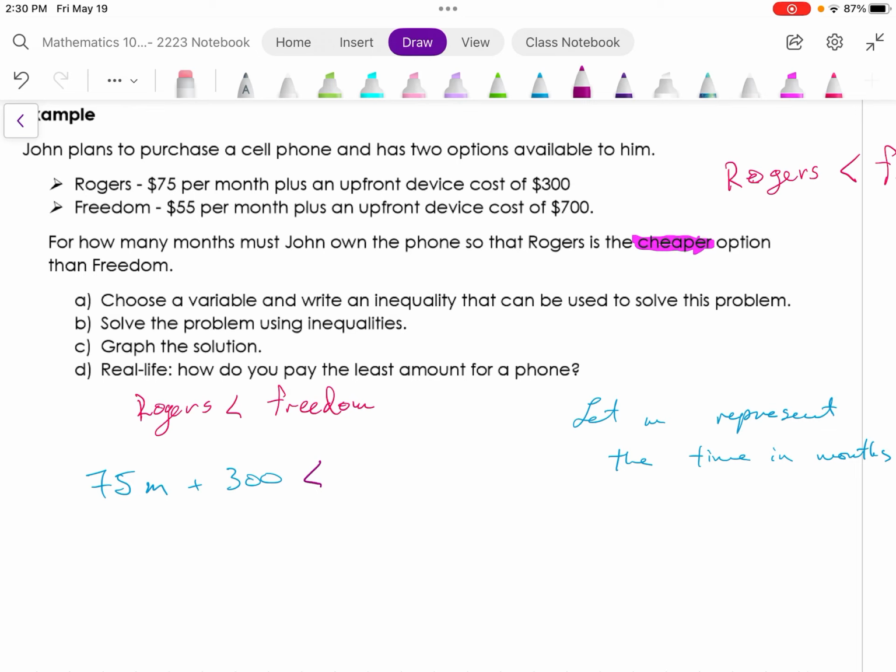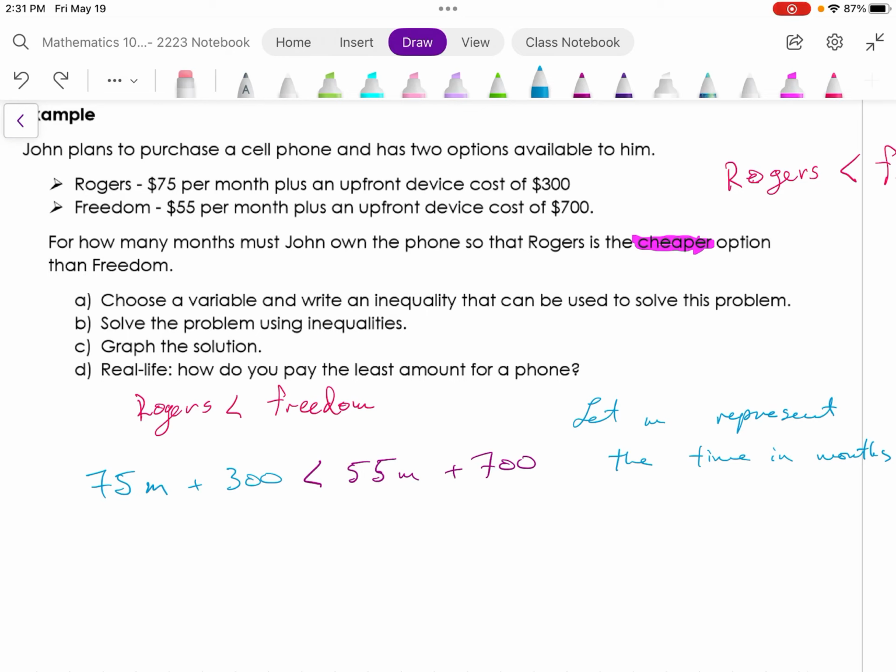Now Freedom, when is Rogers less than Freedom? Freedom is $55 per month, and then an upfront cost of $700 for a device. Keep in mind that $55 per month times the number of months will give me my cost for my monthly installments.